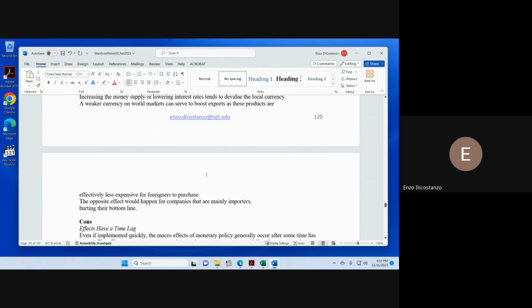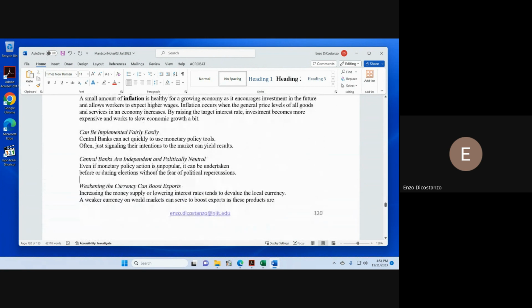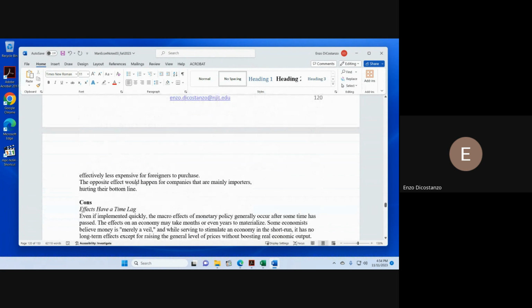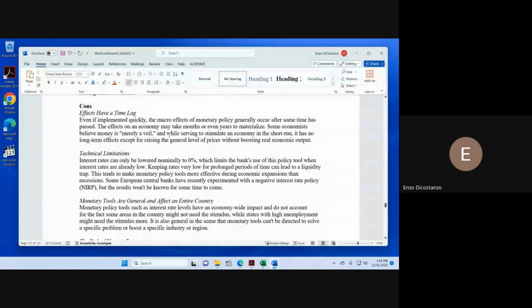Okay, so that's some of the different effects. It says the pros, but certainly some of that you can put under the unfavorable effects. The negatives of monetary policy: you can enact the policy, but in terms of economic activity, it's not that the interest rates changed yesterday and the next day everyone just takes out new loans or stops taking out loans.